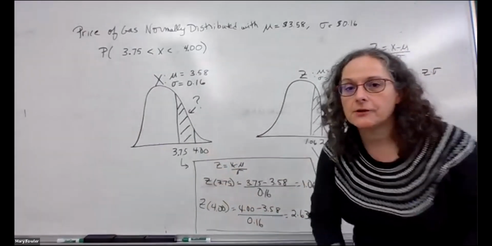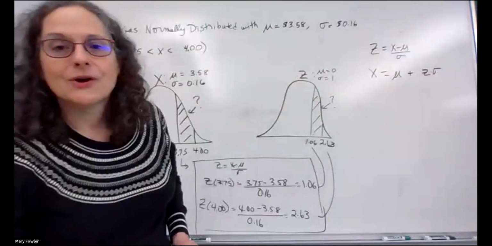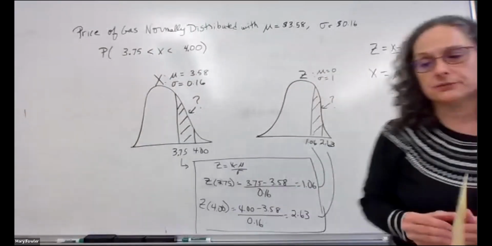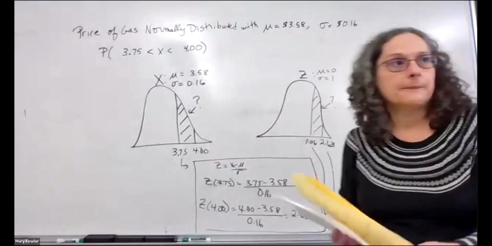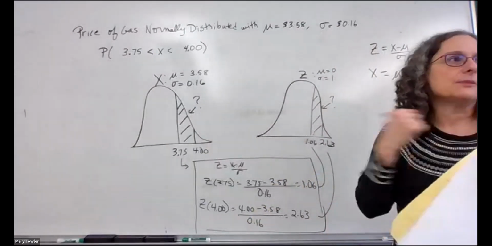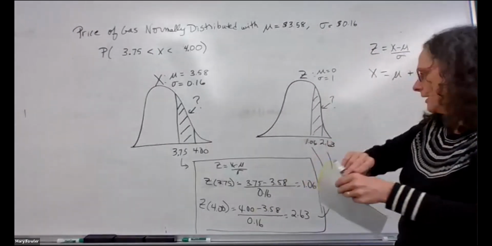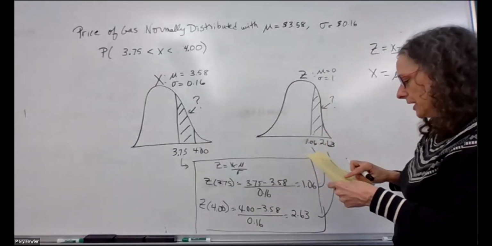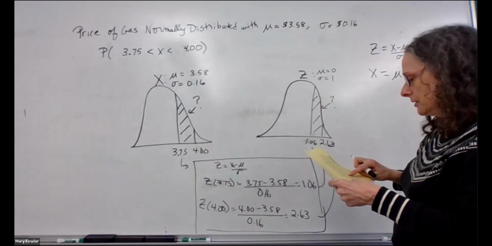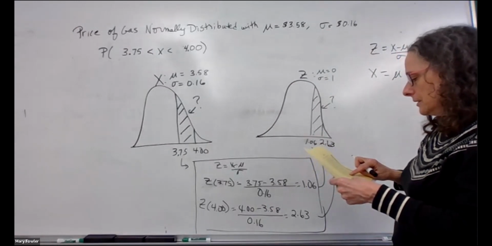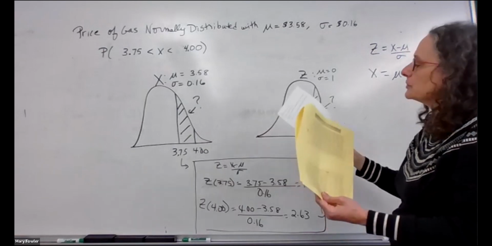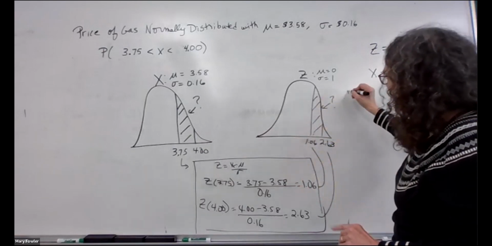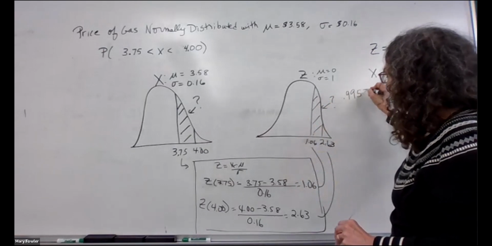So to find the area of a bounded region, we're going to do two direct lookups and subtract. Let's look these values up. Looking up 2.63, I get 0.9957. Let me check. Yes, 0.9957.